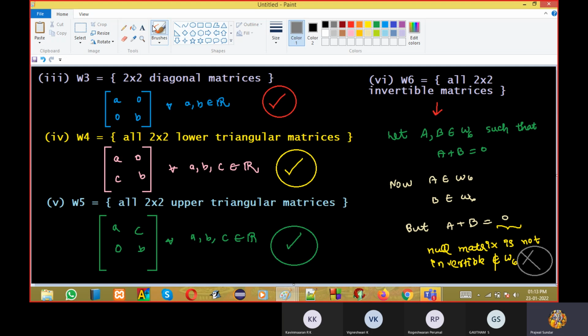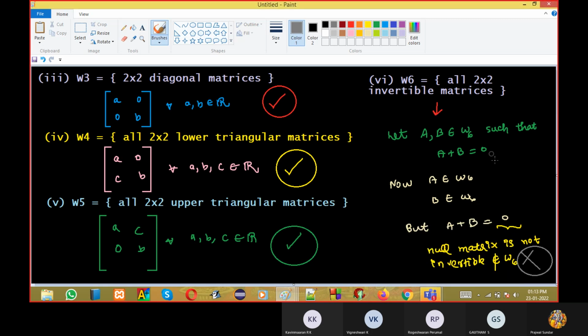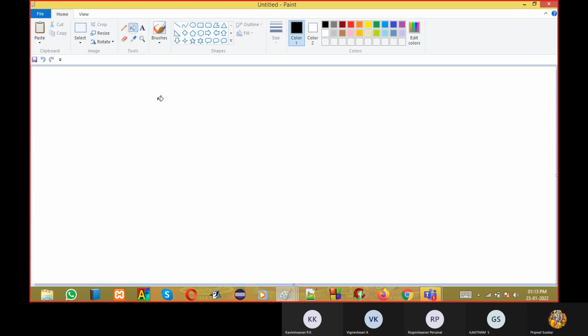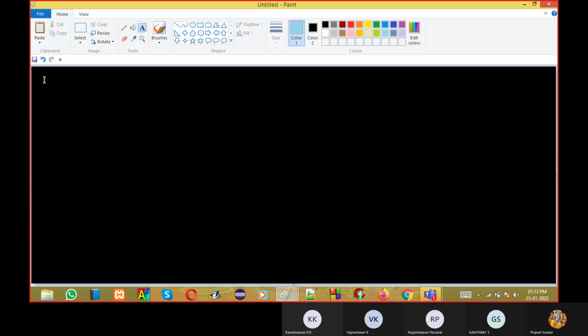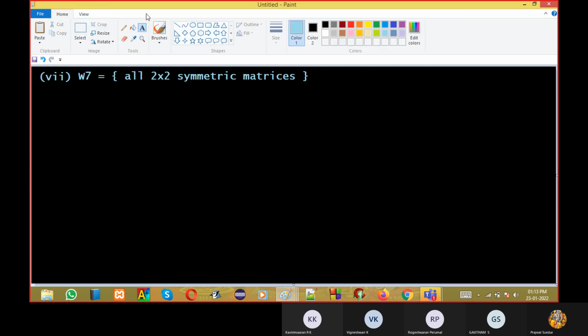Yeah, only 2 more examples. 2 minutes and we'll finish. Please see. Try this question, the 8th question, skew symmetric.